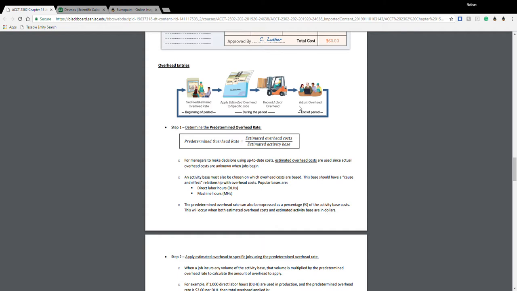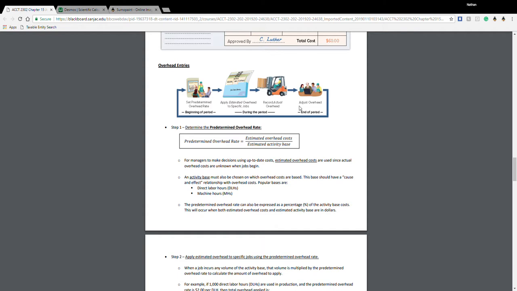So step one, how do we predetermine overhead? Well, we take what we believe our estimated costs are going to be for that job, our overall overhead cost. So again, we're taking the overall and dividing by the estimated activity base. So what will be our overall activity base for all of our jobs?